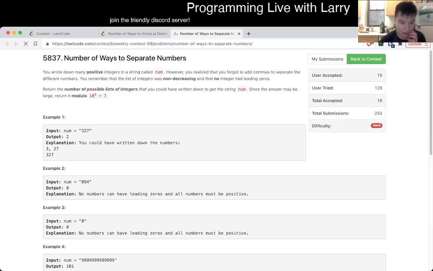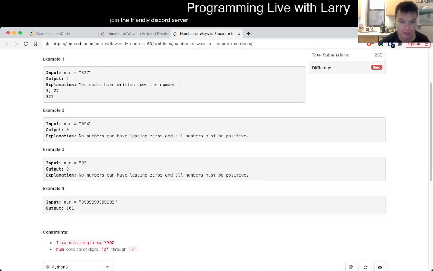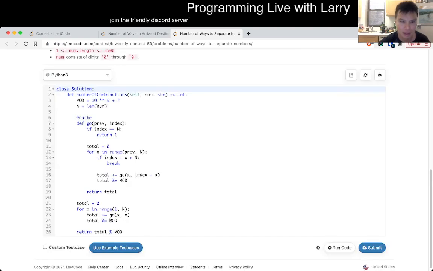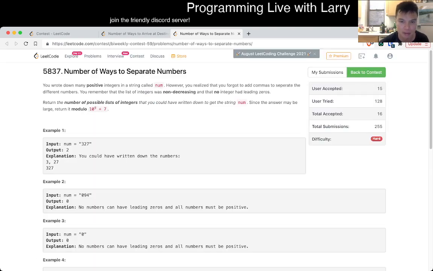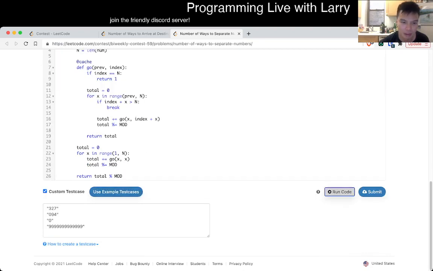16 people got this. I don't even know how to do this one either. I think this one is kind of the right idea, but it's not quite enough. Well, I mean, it's just too slow.